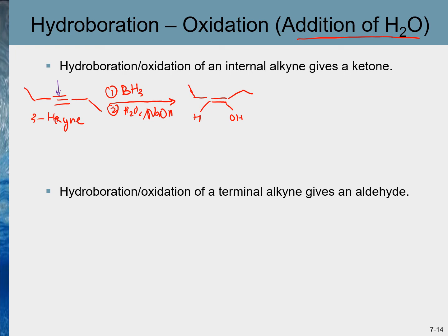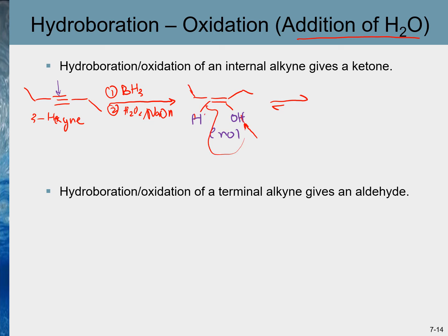Now in this case we have an enol. Let me just change the color so that we know that these are the new H and OH which are added. So this is an enol, and we know enol will undergo a tautomerism process, and in the tautomerism process the hydrogen from the OH goes to the adjacent carbon.